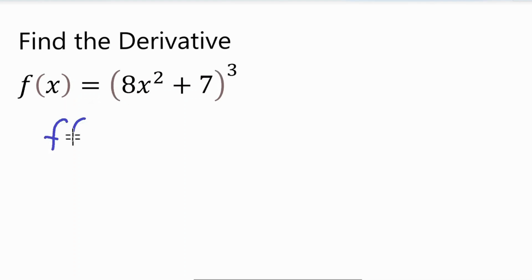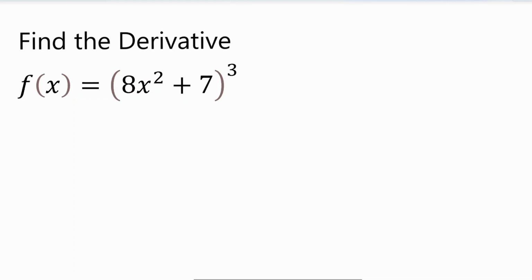If you use the power rule, it's not going to be put the 3 over here and then the derivative of this is 16x to the 2. That's not it.